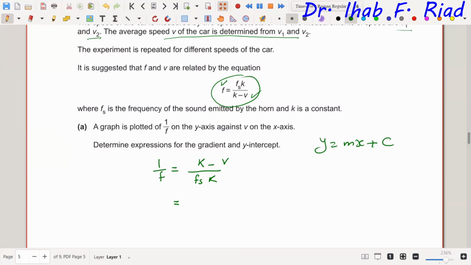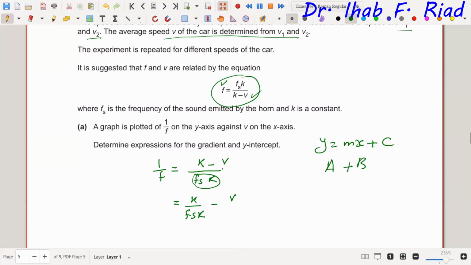I can say K over Fs K minus V. Only minus V? Remember, this one divides both values. It divides the K and it divides the V. So for A plus B, divide C, C doesn't only apply to the A, right?